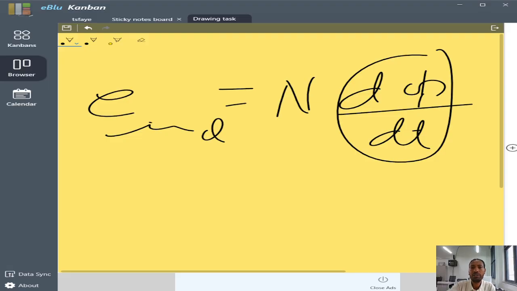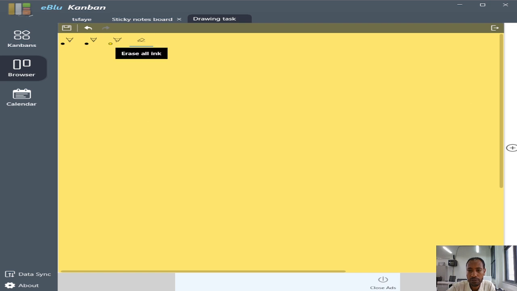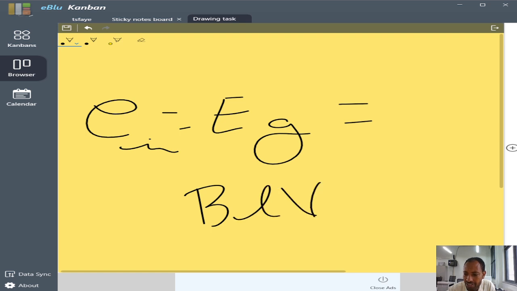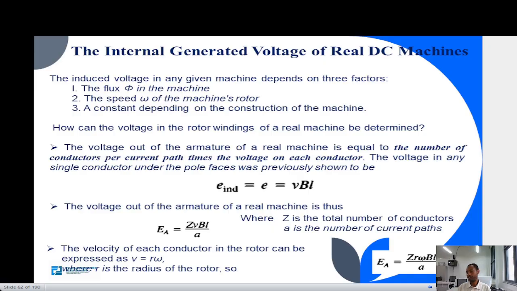As you may remember, the generated voltage in the case of our generator is going to be BILV sine theta. And these are the 3 or 4 parameters that determine the amount of voltage generated. So, induced voltage, BVIL we say.